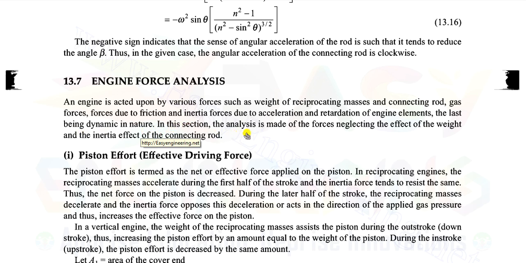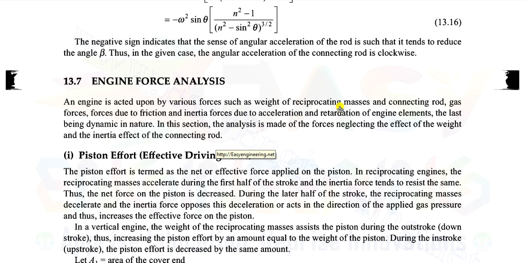So in this section the analysis is made of the forces neglecting the effect of the weight and inertia effect of the connecting rod. So in this analysis we are not considering the weight and inertia effect of the connecting rod. We will consider only the mass of piston, which is the reciprocating mass.